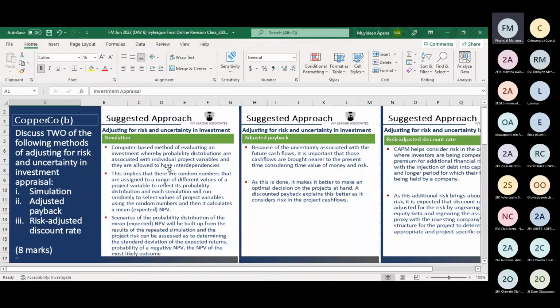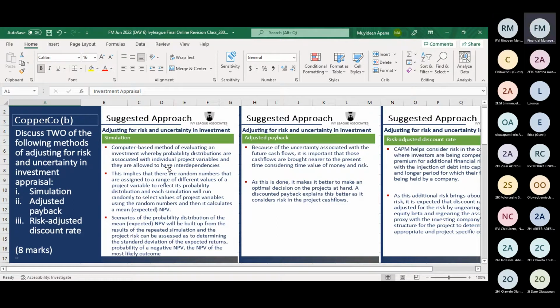And what simulation is saying here is that there will be different probability distributions and you have different variables. So different probability will be attached to different variables and there will be several possible outcomes. So you want to see how it plays out using probability analysis, because this is going to use probability analysis as well.